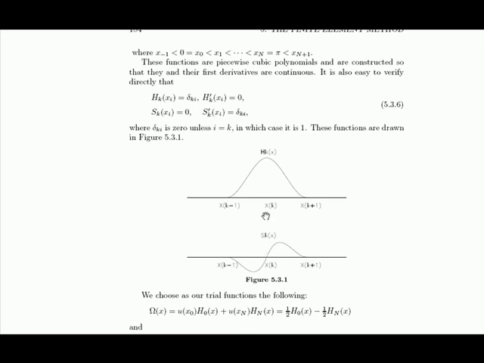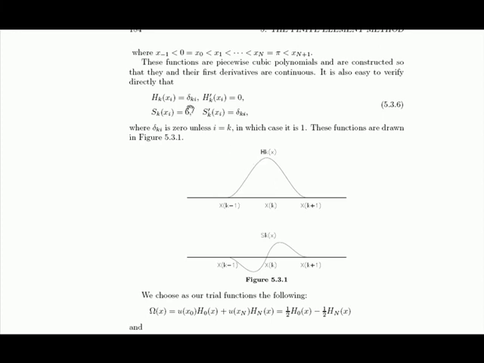And remember, a piecewise cubic has 4 unknown parameters in each subinterval. That is, in each subinterval, a cubic has the form a plus bx plus cx squared plus dx cubed. It has 4 parameters, and if you specify the value and derivative at each point, you've uniquely specified the cubic polynomial in that interval.